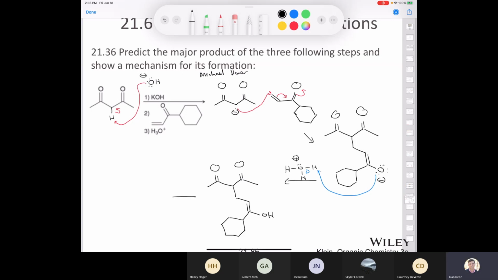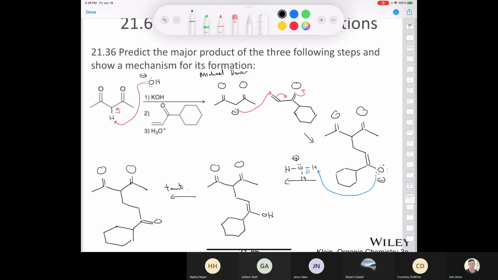And then that is going to undergo a tautomerization. I'm not going to draw the mechanism of tautomerization in the interest of time. And we're going to end up with this compound. So we have this carbonyl here. There we go. And we have our cyclohexyl like that. And there you go. There's our Michael addition.